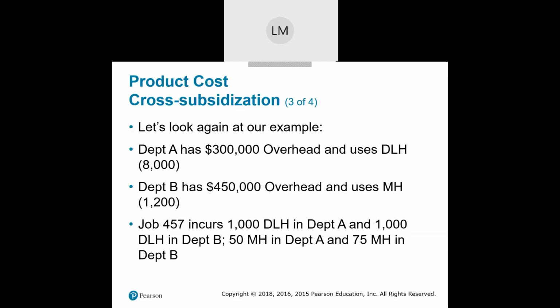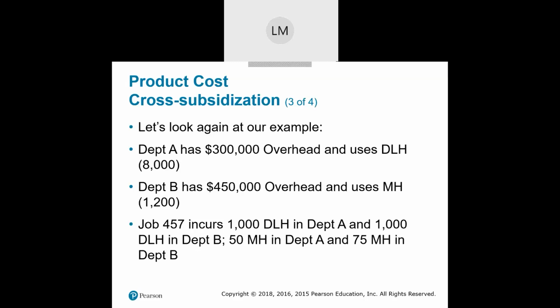So now, based on our example that we looked at just a few slides ago, in the comparison between the department rate overhead for Department A and Department B and the plant-wide rate, depending on allocation rate for direct labor hours or machine hours, let's assume that we have job 457.